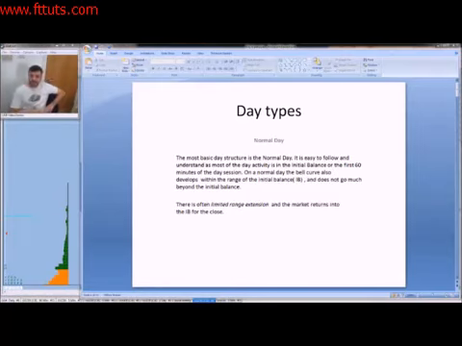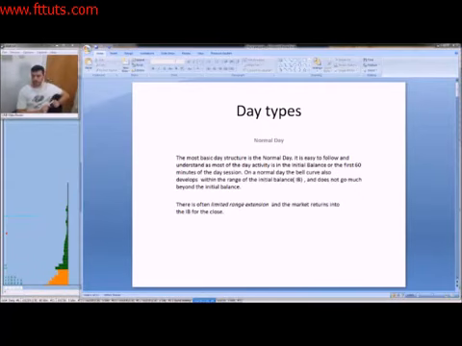The most basic day structure, now there are pictures here, but they're coming up, so we will go through them. The most basic day structure is a normal day. It's easy to follow and understand, as most of the day's activity is in the initial balance, i.e. the first 60 minutes of the day's session.